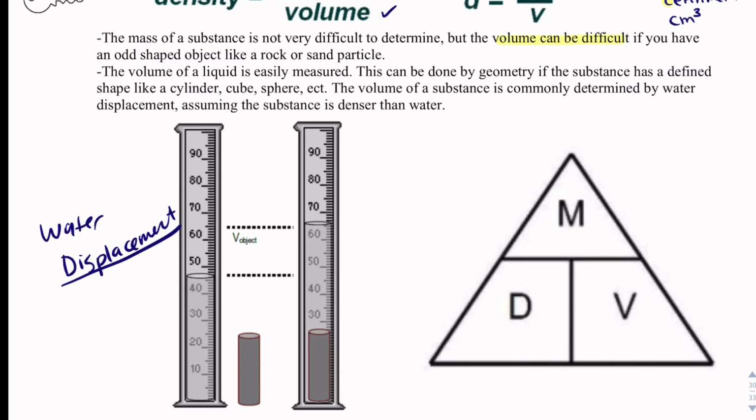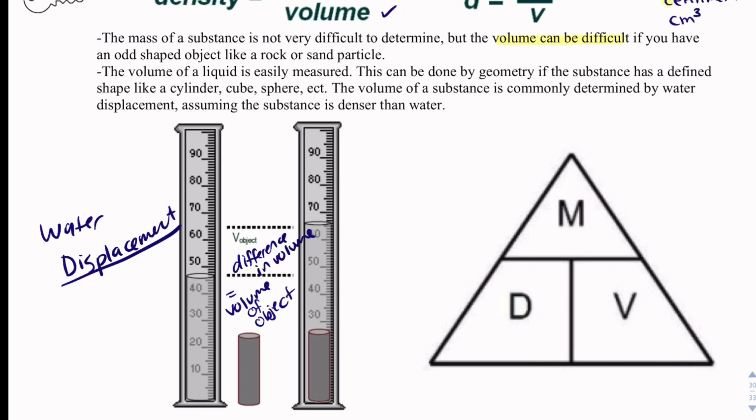And then when we put our sample in there, this is our sample, we are going to see that the water gets displaced or it rises. And the difference in volume is going to equal the volume of our object. Okay, that's a nice, easy way to do this.